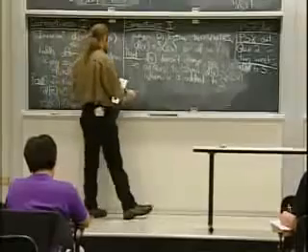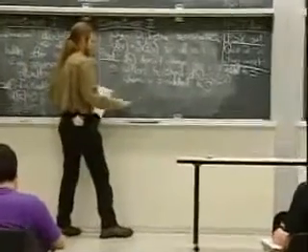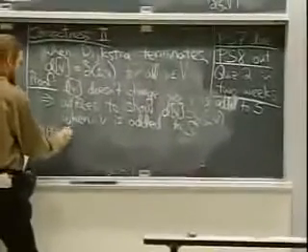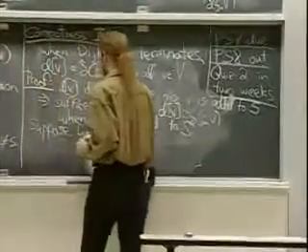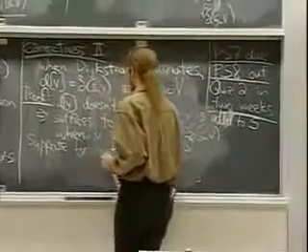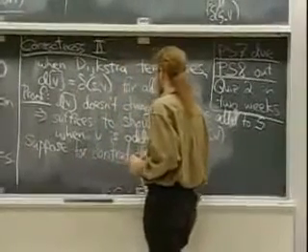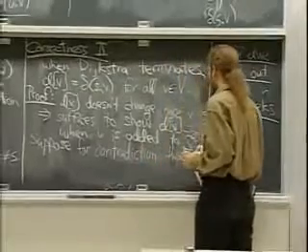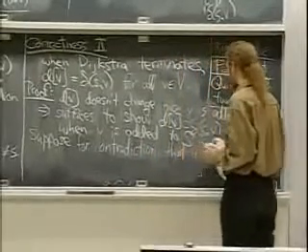Well, suppose it isn't true. So this will be proof by contradiction. Suppose, for contradiction, that this fails to hold. And let's look at the first failure.